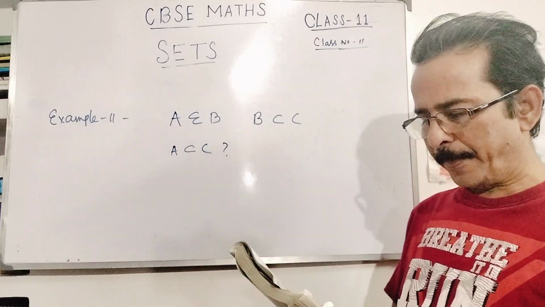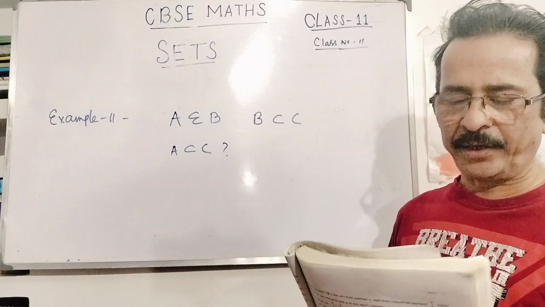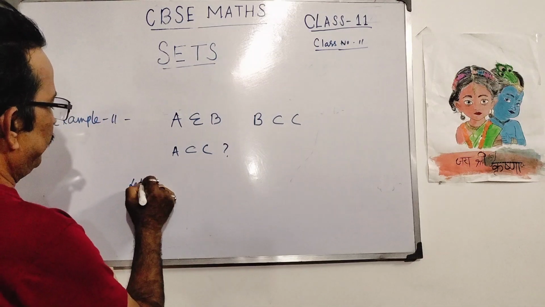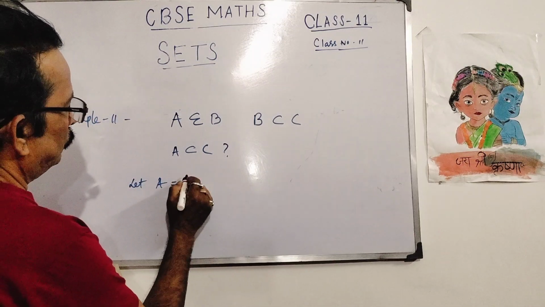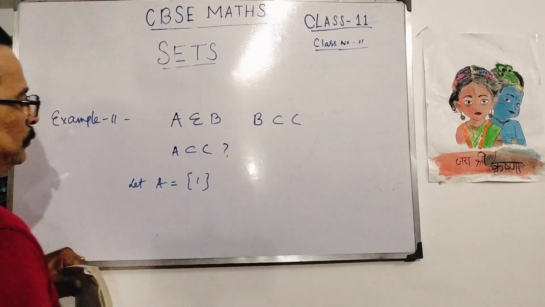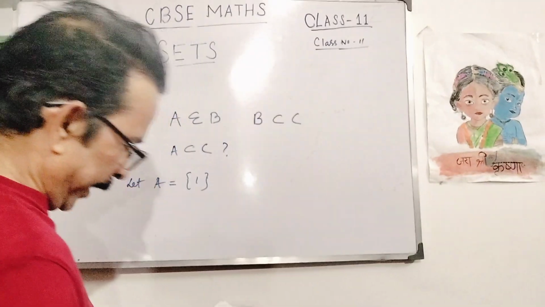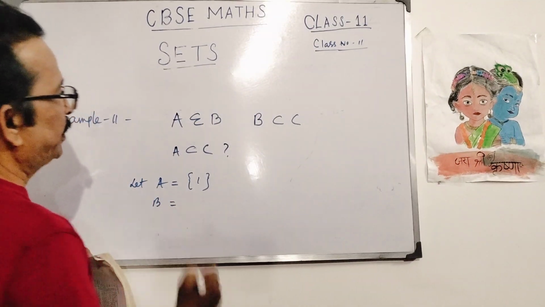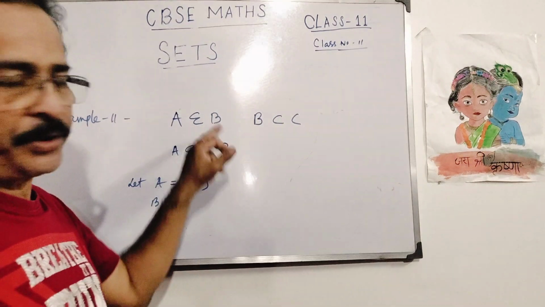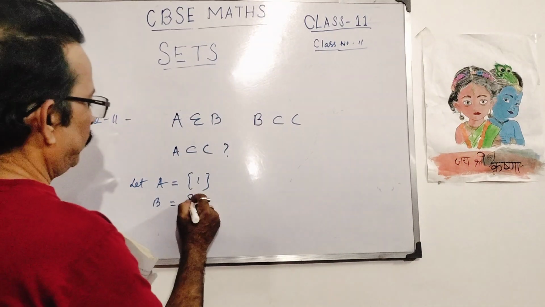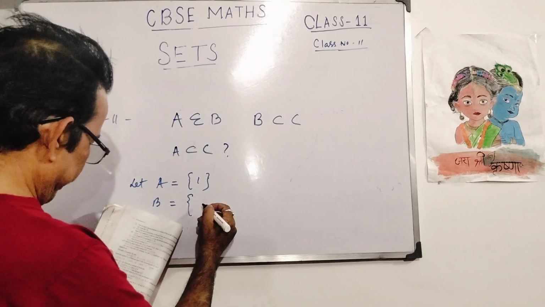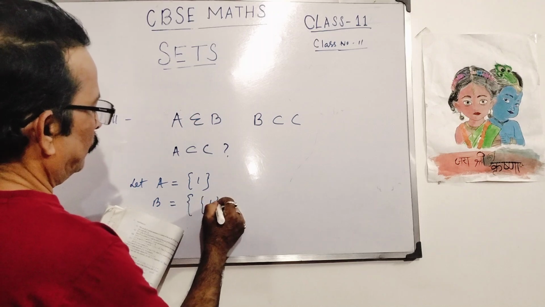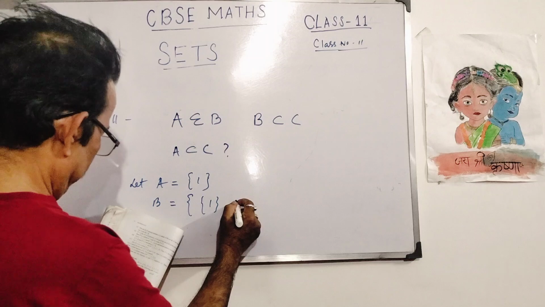So students, let A be a set with the element 1. And B is a set where, as A belongs to B, B is a set of 1 and another element 2.